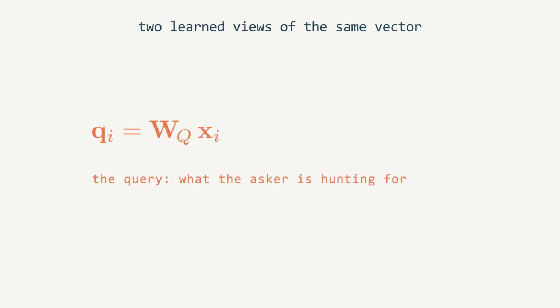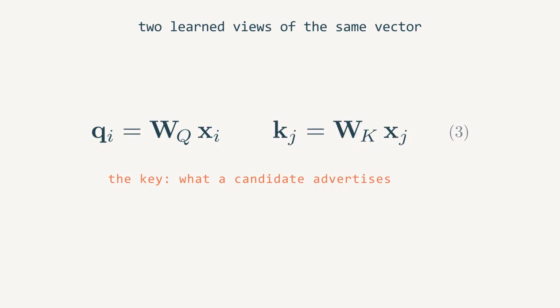So instead, learn two separate projections. From each token's vector, compute two new vectors. The first is the query, what this position is looking for. The second is the key, what this position offers to anyone looking. Both of those are matrices the model learns during training. Nobody specifies what a query should contain.